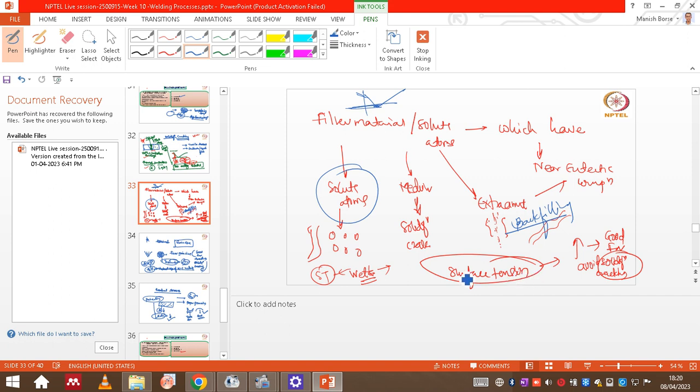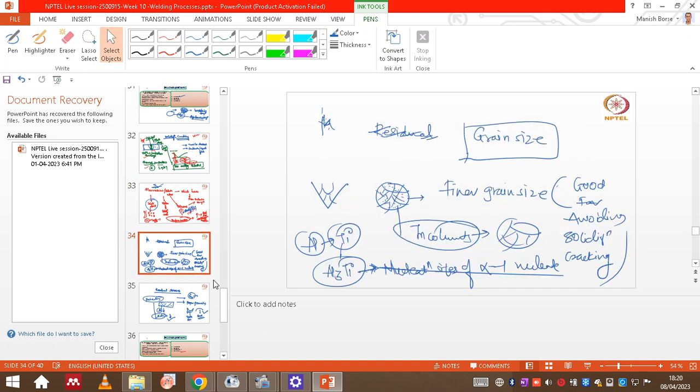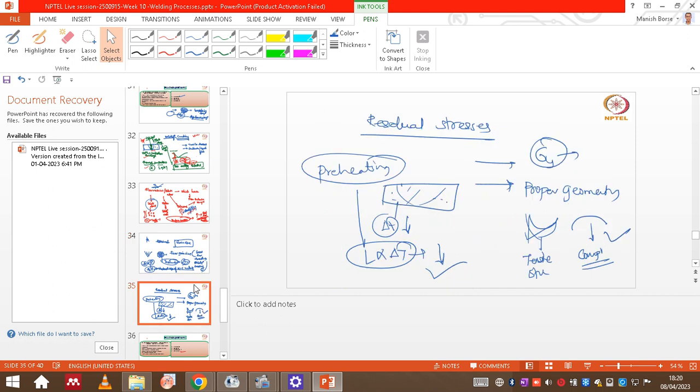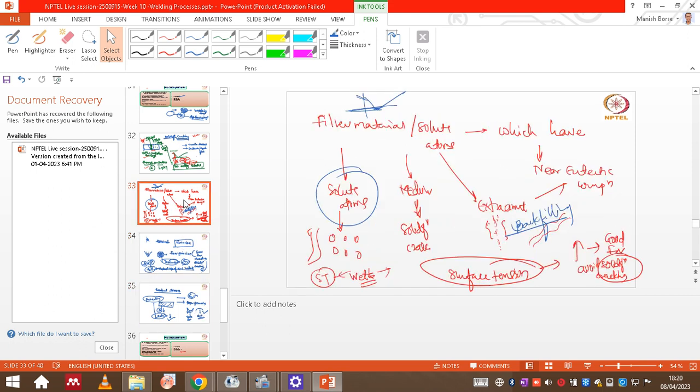So let's say in case of iron. We are already aware of the properties of liquid.